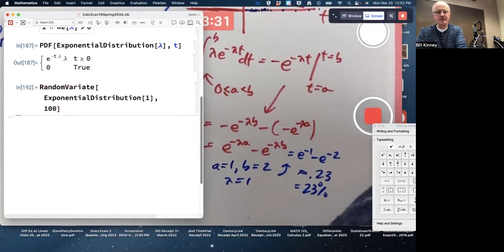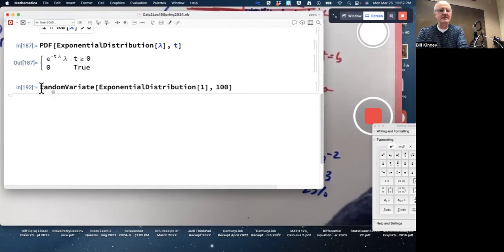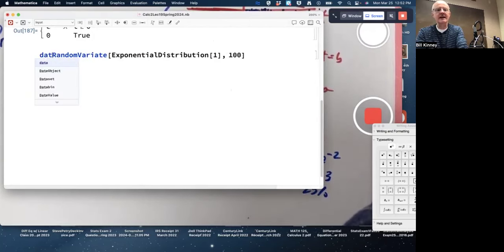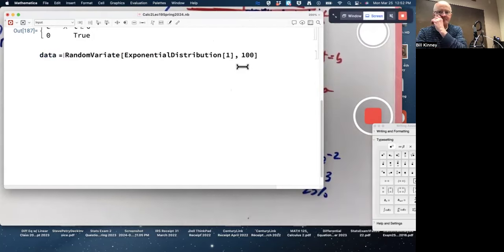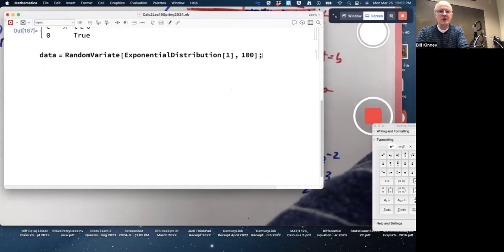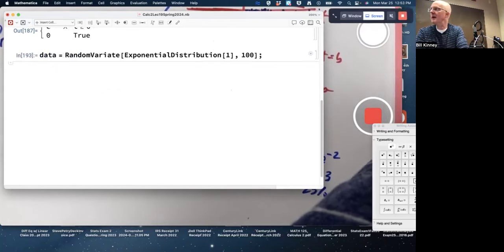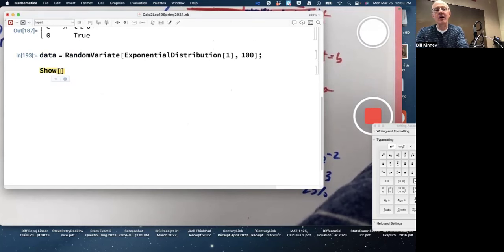I also showed you before that if you store this in a variable, I'll call it data, you could plot the data with NumberLinePlot. And it's good to maybe also plot the PDF. The PDF, if lambda is 1, is e to the negative t.